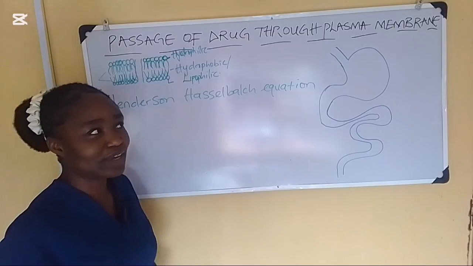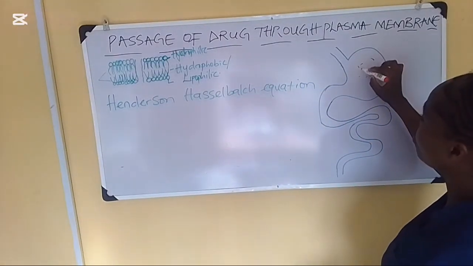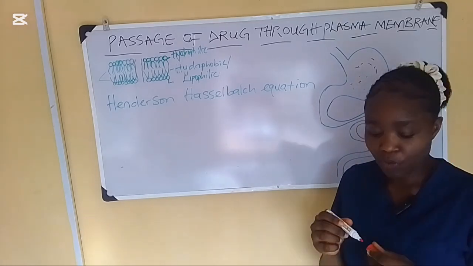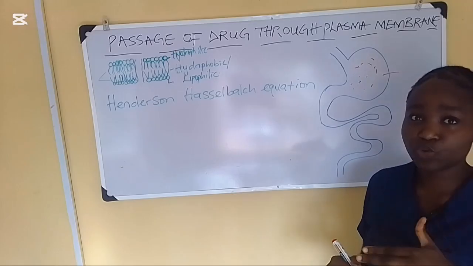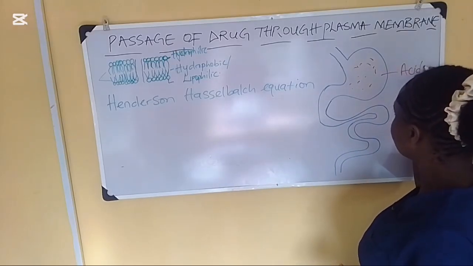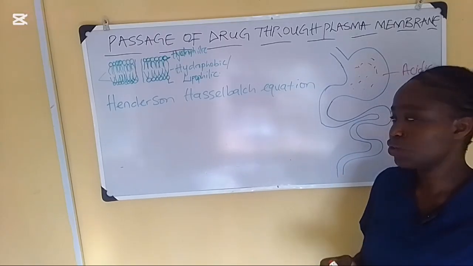We already know about the stomach, and while we were in school, we learned that the stomach contains gastric juice. We already know that the stomach contains gastric juice, which is very acidic. So we can say that the stomach is acidic in nature, and knowing fully well that the small intestines are very basic in nature.